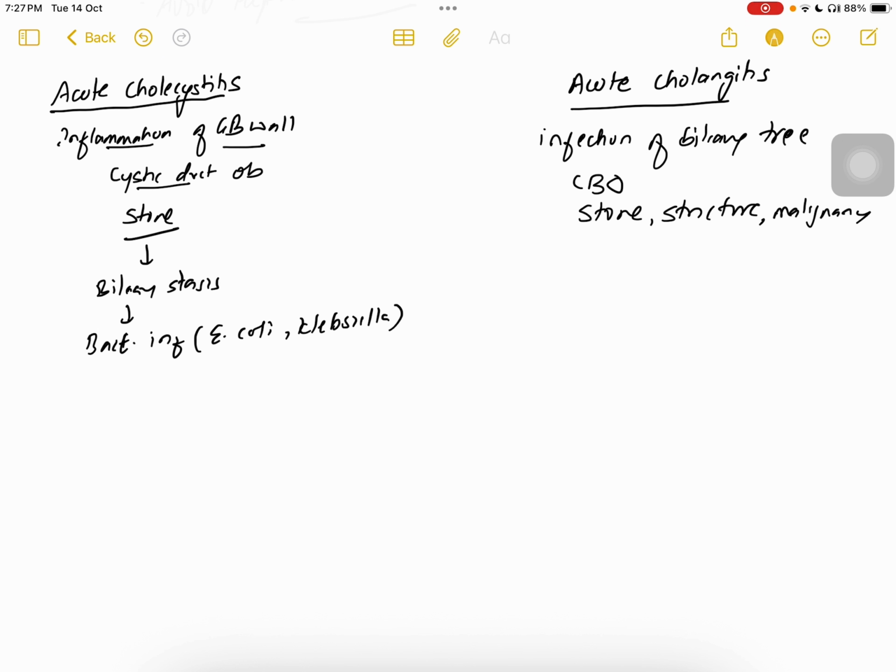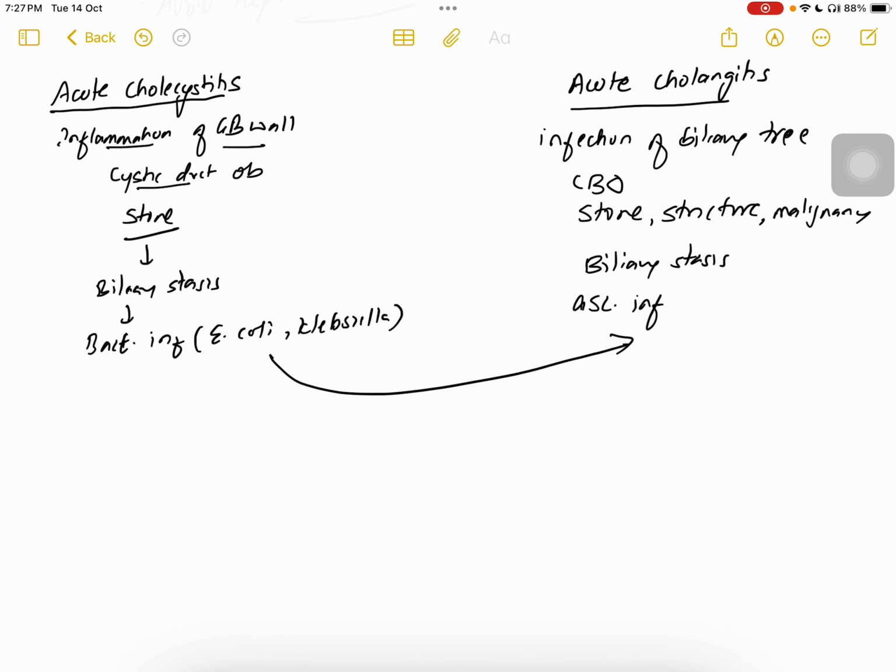This causes biliary stasis, and there might be ascending infection, where organisms go higher, and there might be more bacterial load as well, and it causes infection of our biliary tree.